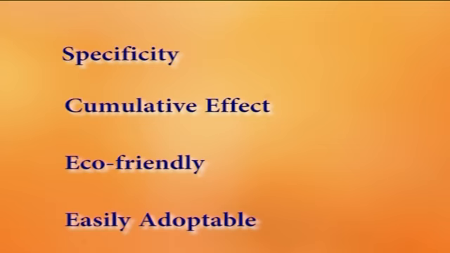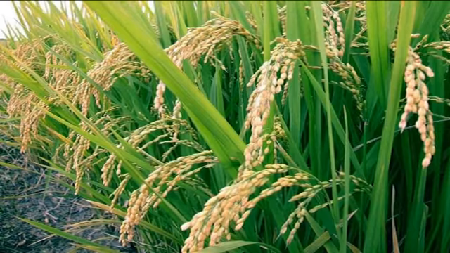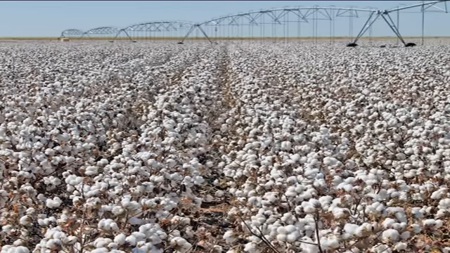No pollution, no effect on man and animals. Next is easily adoptable. High yielding insect resistant varieties are easily accepted and adopted by farmers, and they cost less. Next is effectiveness. Resistant variety increases efficiency of insecticide and natural enemies.